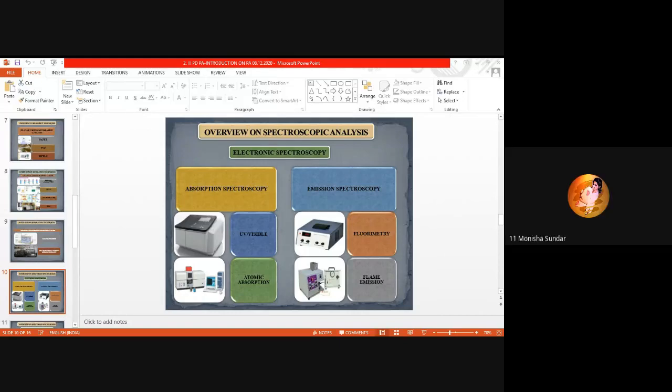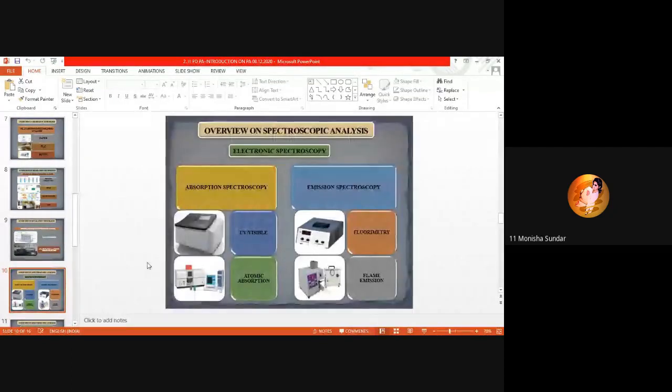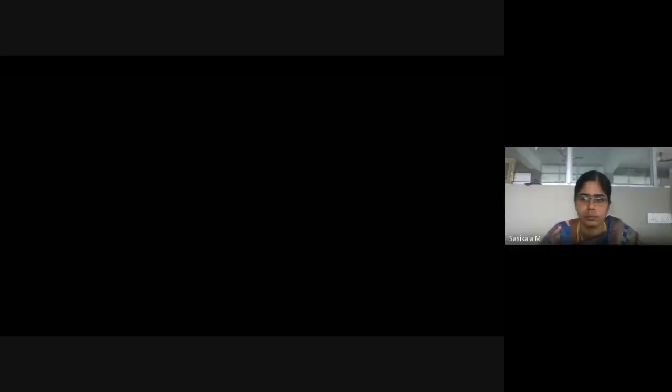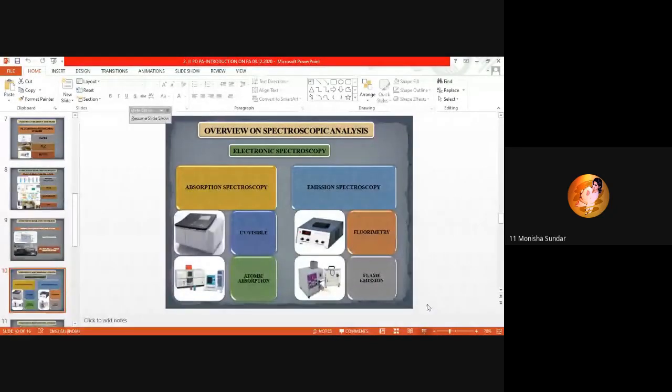In planar chromatographic analysis, paper analysis, TLC and HPTLC, thin layer chromatography, high performance thin layer chromatography. Columnar chromatographic analysis: column adsorption, high performance liquid chromatography, ion exchange, liquid chromatography. In miscellaneous chromatographic analysis: electrophoresis, gel filtration, and affinity chromatography.